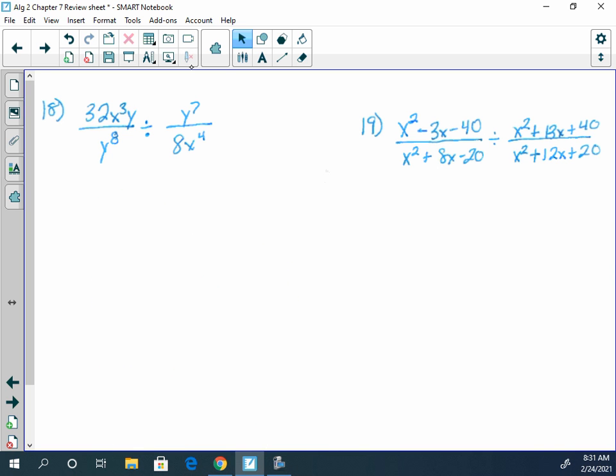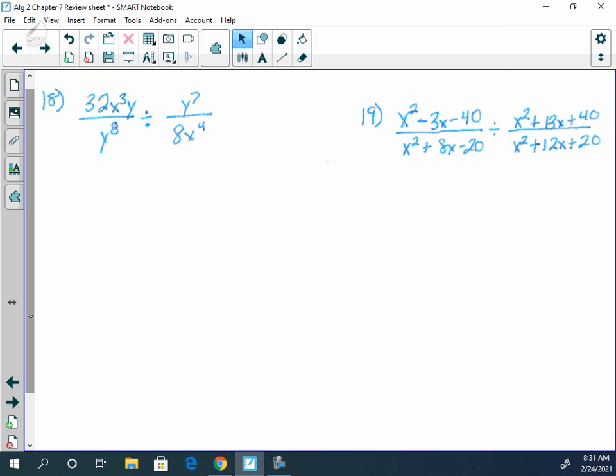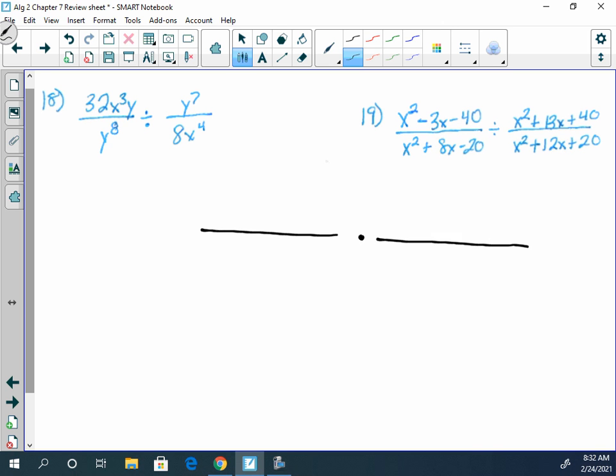Maybe if we look at another one, it'll make sense here. So when we look at 19, again, before we do anything, we're going to change it from division to multiplication. So our first fraction stays the same.